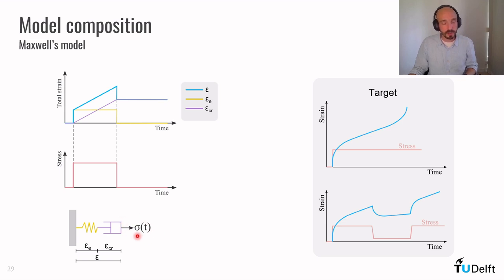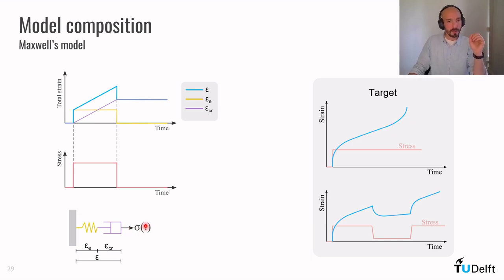If we apply a stress sigma here, the dashpot will perceive that same stress, and the spring will perceive the same stress, and they respond independently of each other. If we remove this dashpot and we apply the same stress, the spring will respond exactly the same way. The behavior of this spring doesn't change by the presence or not of the dashpot. It only changes according to the stress it perceives.